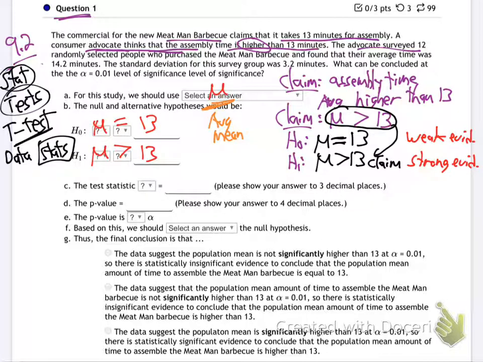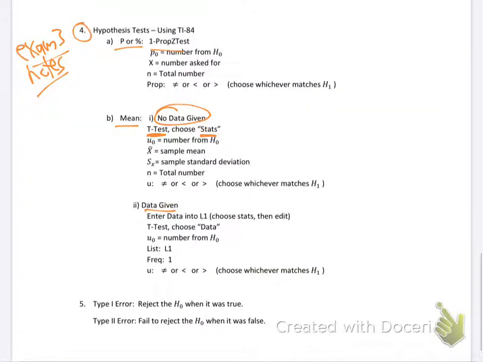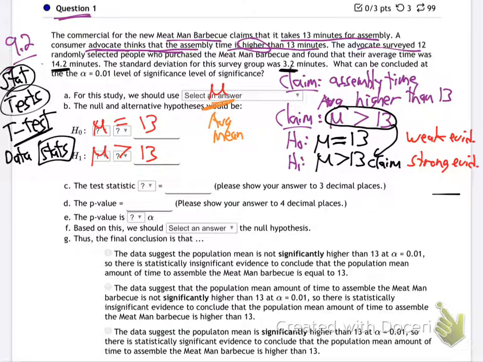We choose stats, meaning we have some summary statistics. We have things like this number and this number. Choose stats, and it'll ask you mu0, x bar, s sub x, n.